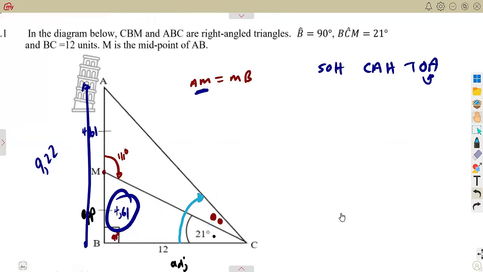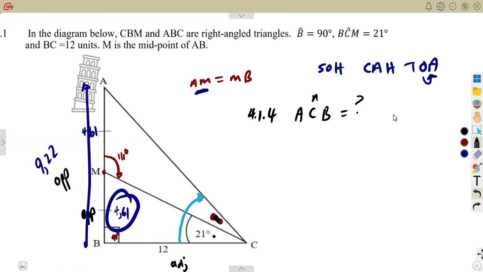All right, so this is 4.14. Let us just do this. The whole of angle C, which is ACB, can be calculated before we think of the ACM that we are being asked here. Let's find the whole of this angle, because according to this right angle triangle, AB is the opposite according to angle C. AB represents the opposite and BC the adjacent.